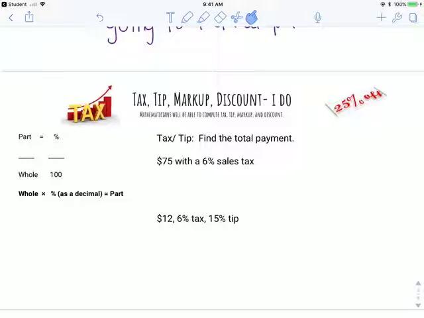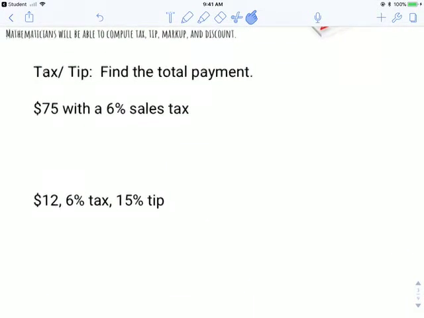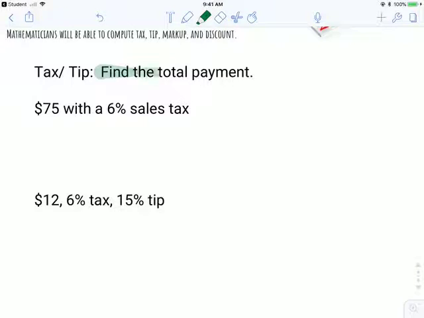We're going to find the tax and tip on this first slide. The first one is sales tax. So we have a $75 bill with a 6% sales tax, and we want to also find the total payment. So this is going to be a two-part problem. The first thing we're going to do is find the part, which is the tax, what the dollar amount is in the tax.